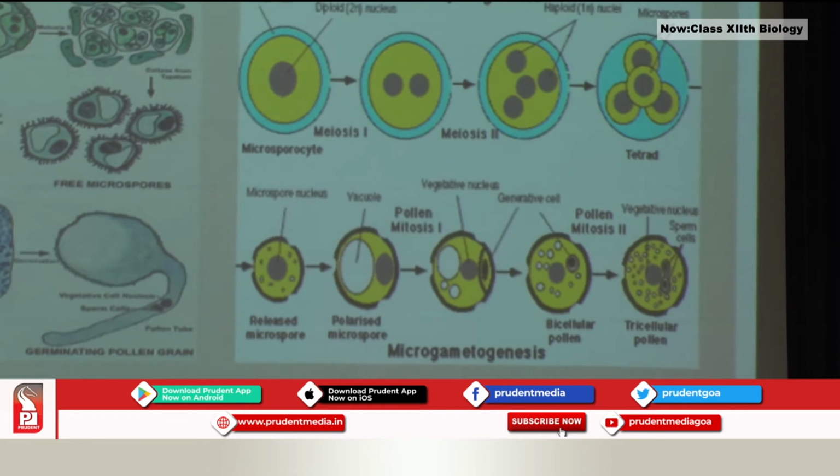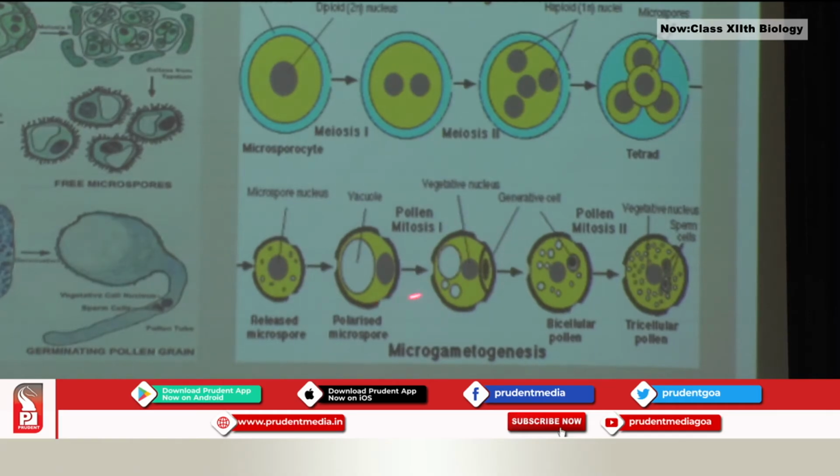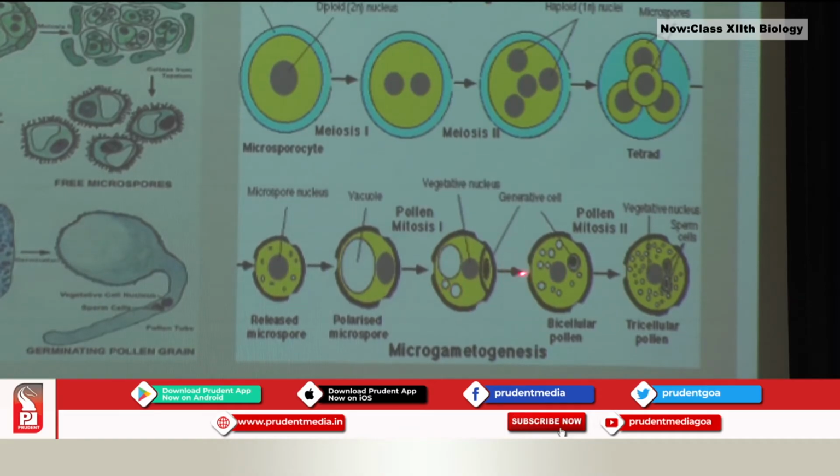You can see here clearly, this is going to be the vegetative cell, and in the vegetative cell you are going to be having the vegetative cell nucleus. These are vacuoles, students. Okay, this is the vegetative cell nucleus and the yellow portion is the vegetative cell cytoplasm. In the vegetative cell cytoplasm, you will be having another tiny cell which is the generative cell which floats in the cytoplasm of the vegetative cell.